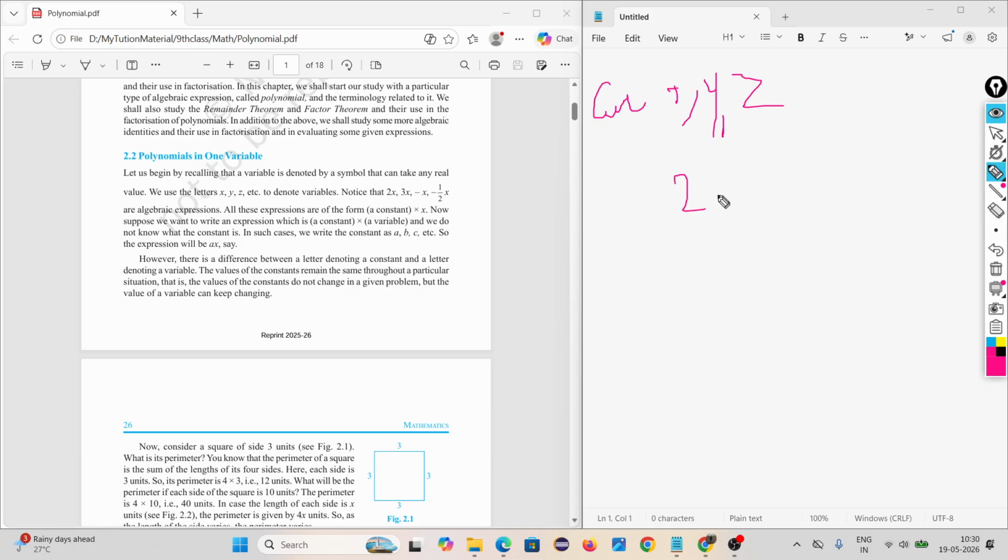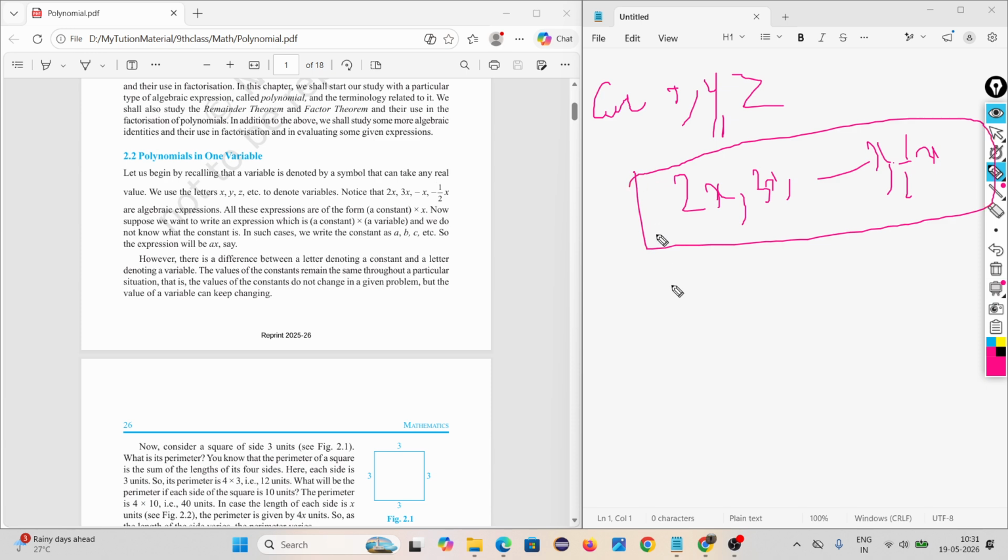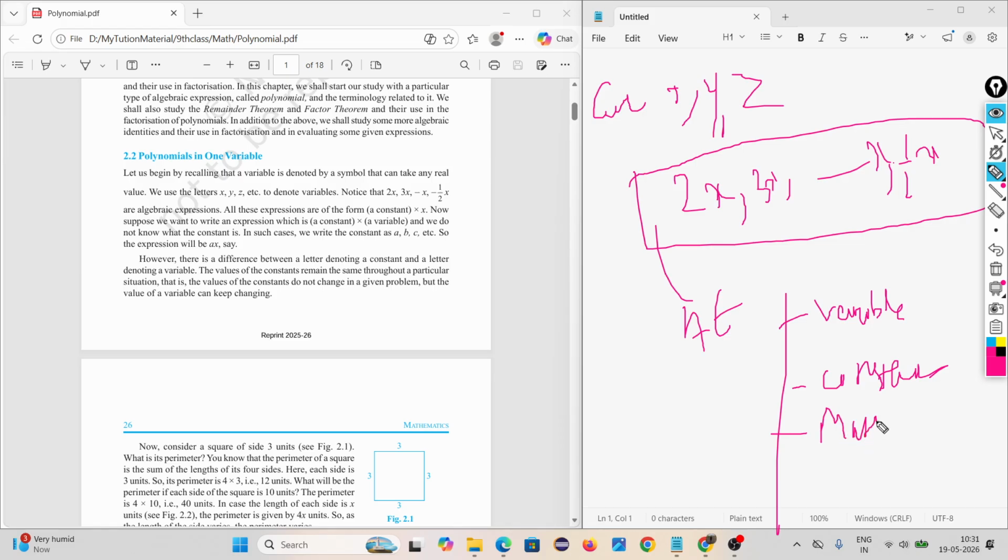Notice that 2x, 3x, minus x, 1 upon 2x are algebraic expressions. Look, all are examples of algebraic expression. And an algebraic expression is nothing but an expression having variables, constants, and mathematical operations.